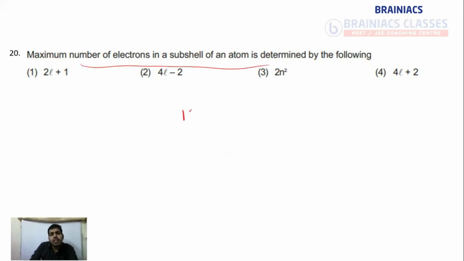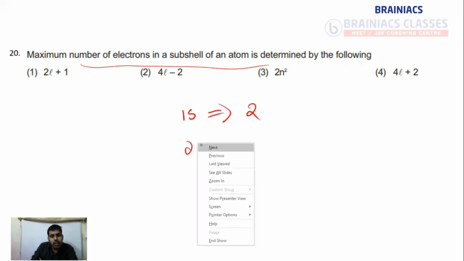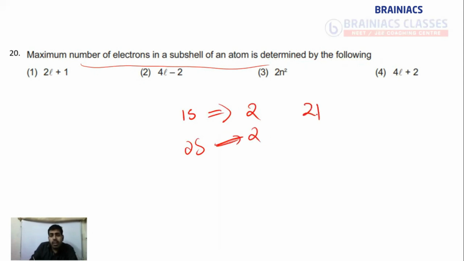We know that the 1s subshell contains 2 electrons. 2s also contains a maximum of 2 electrons. 2p contains a maximum of 6 electrons, right? Now substituting the value of l for s orbital, l value is equal to 0. So if you substitute here 2 into 0 plus 1, you will get 1, but the maximum is 2. So this is not the answer.